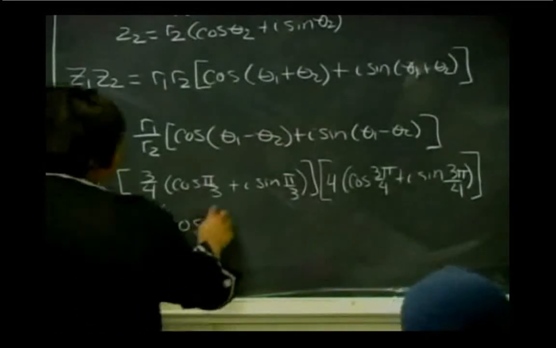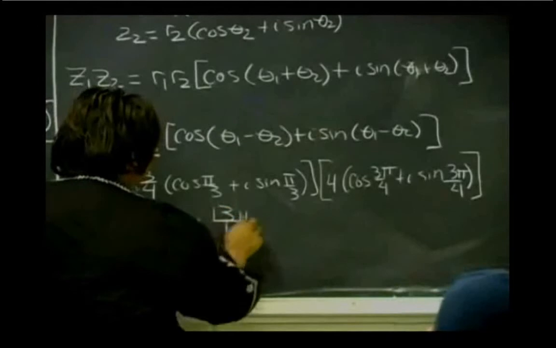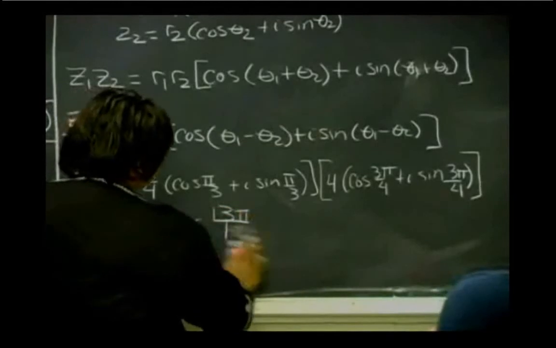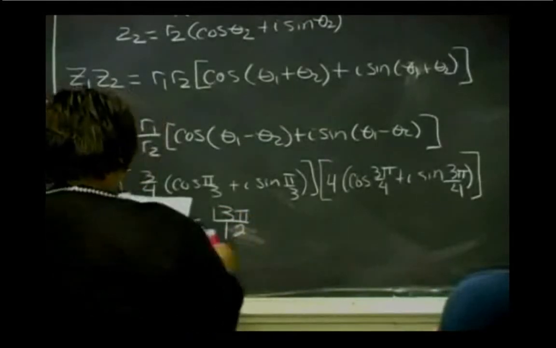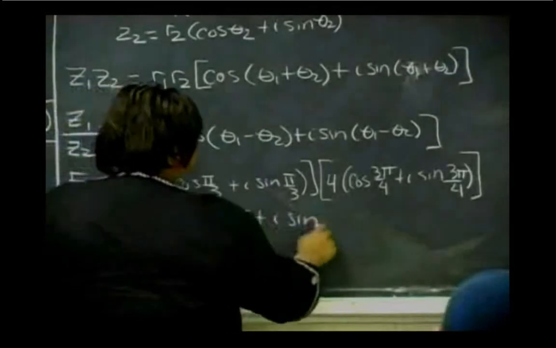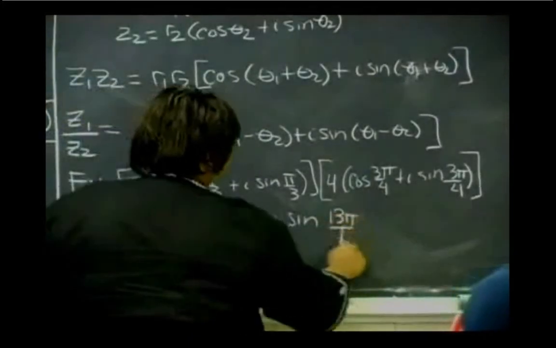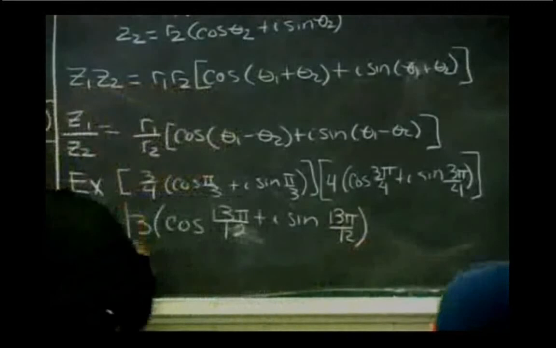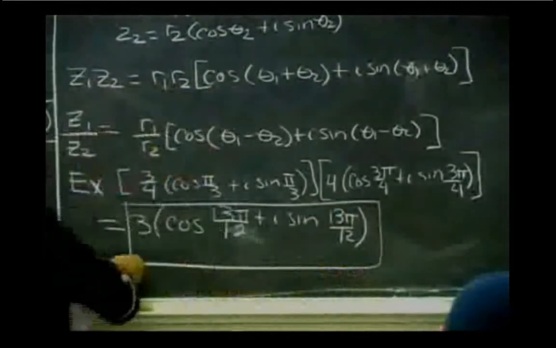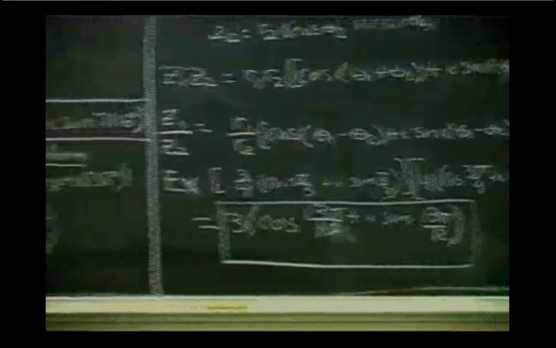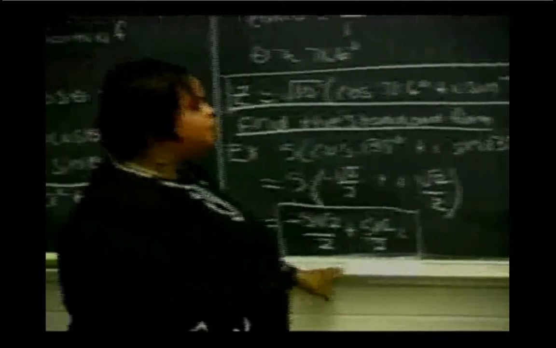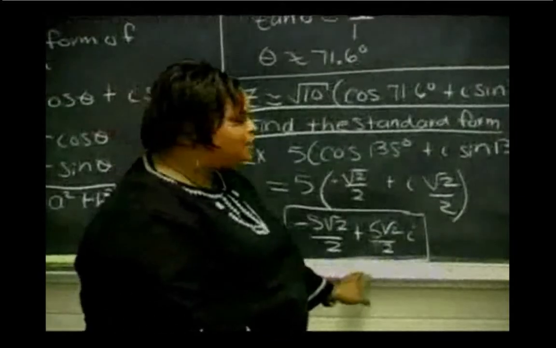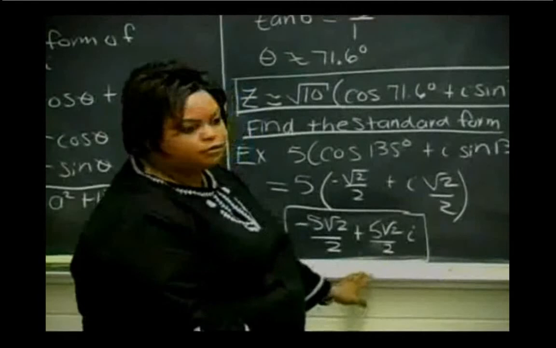It's going to be 13 pi over 12. Plus I sine 13 pi over 12. Adding those angles together pretty much is the hardest thing to do here. You multiply the coefficients and you add pi over 3 and 3 pi over 4.